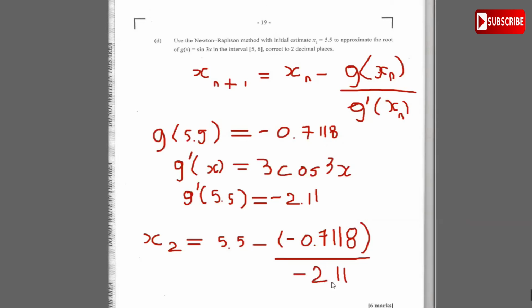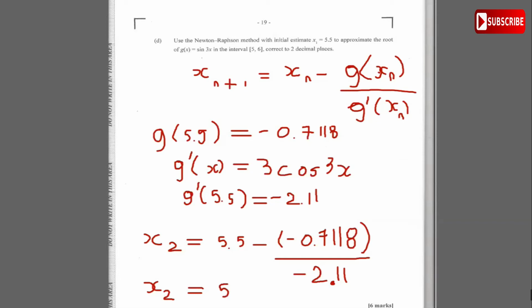Doing this division, 0.7118 divided by negative 2.11, I get 0.337, and so 5.5 minus that, I get 5.16.